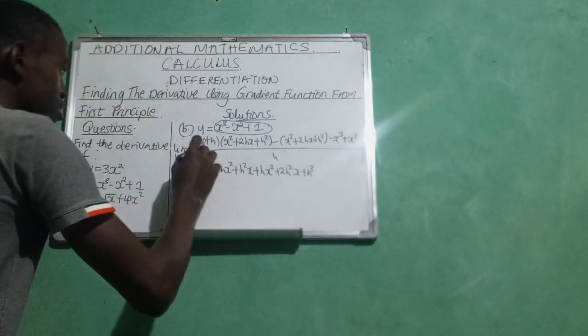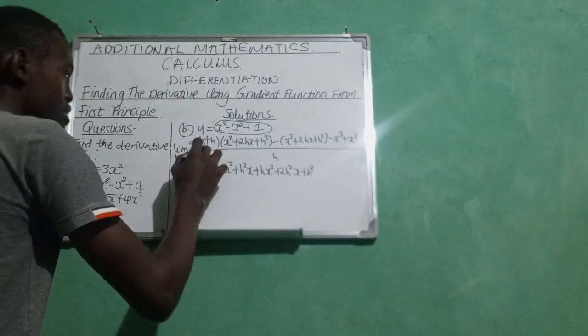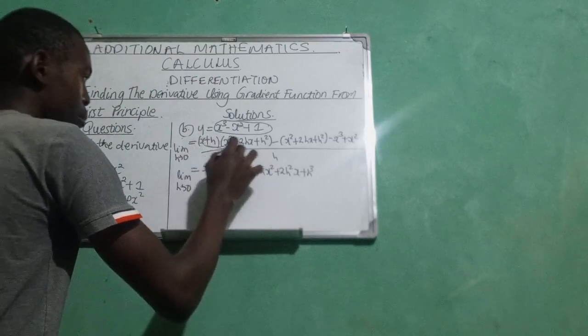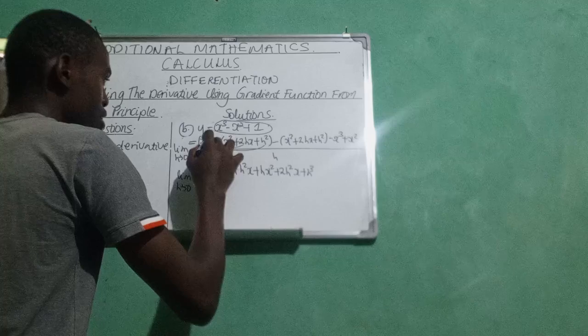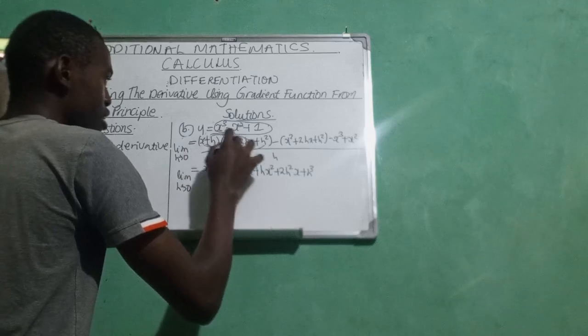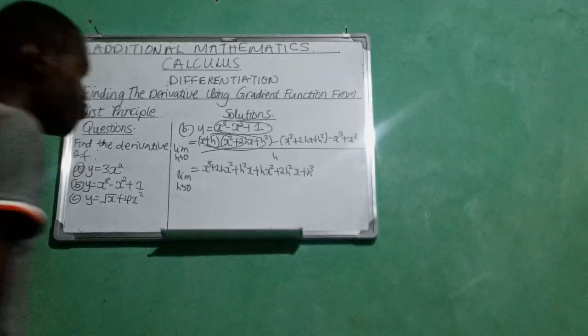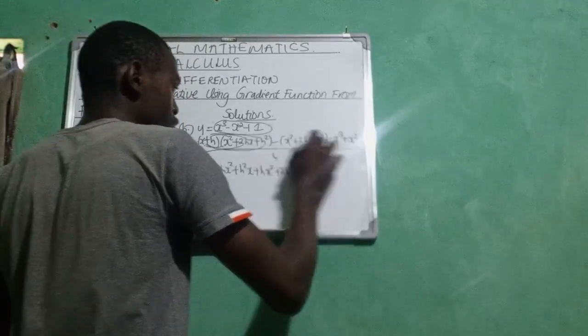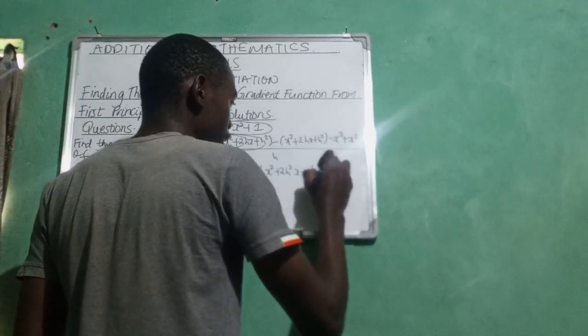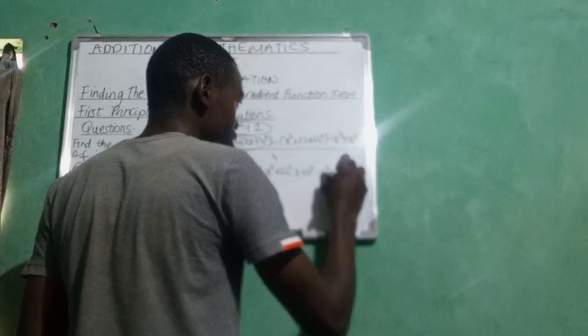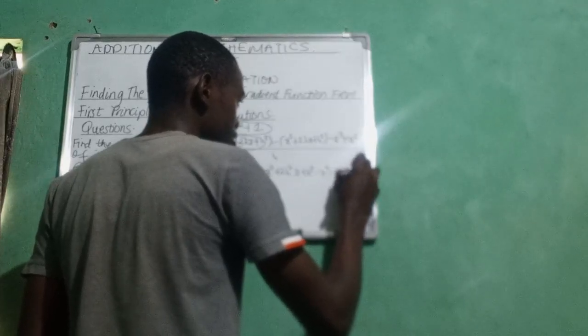I've distributed the x multiplied by everything in here, then the h by everything in here. Then here you also distribute the negative sign: minus x squared minus 2hx minus h squared minus x cubed plus x squared. Everything is divided by h.